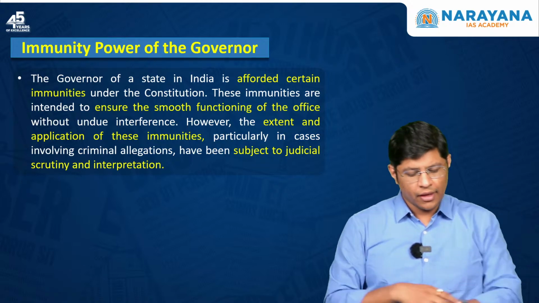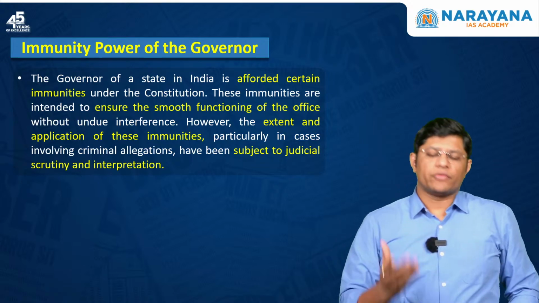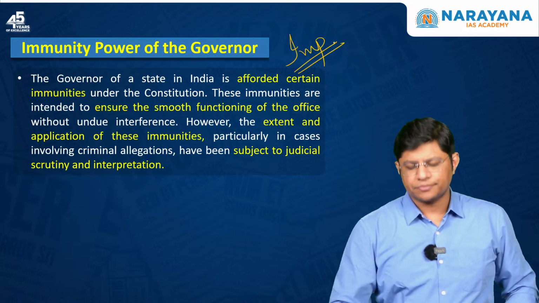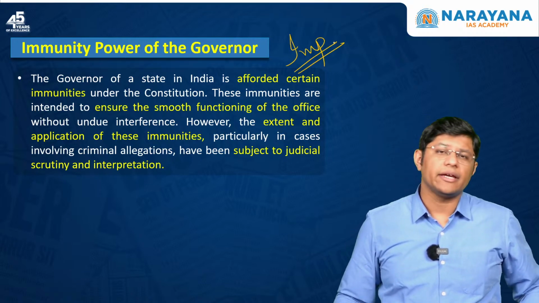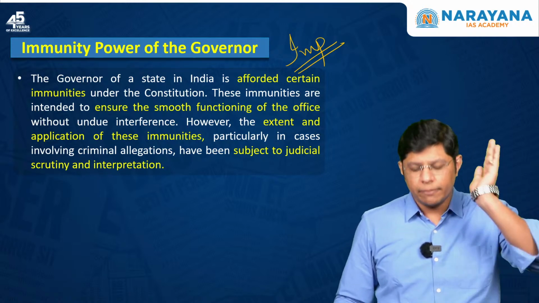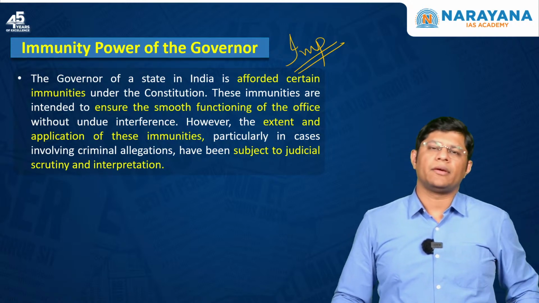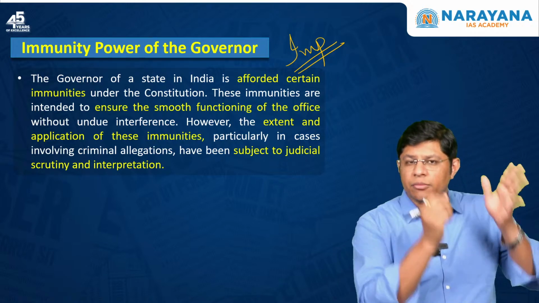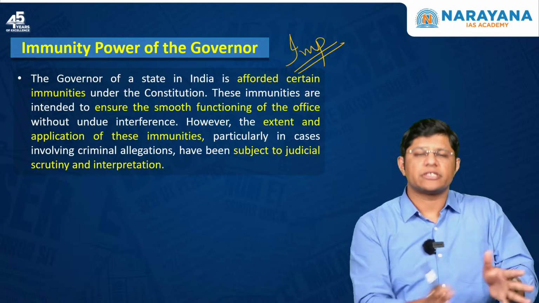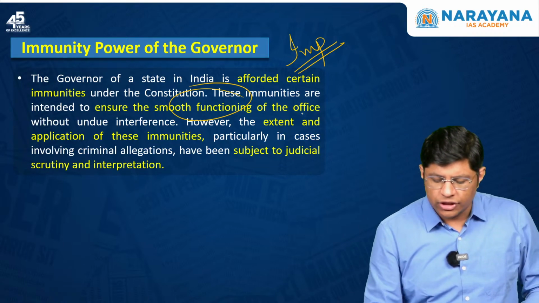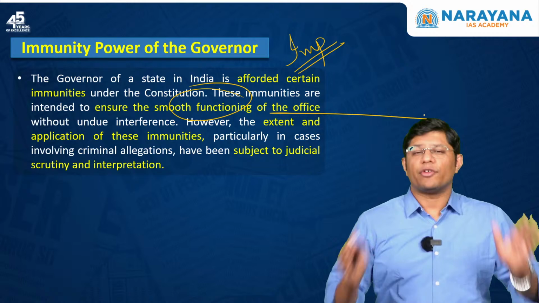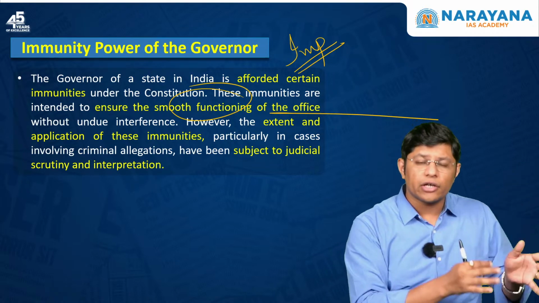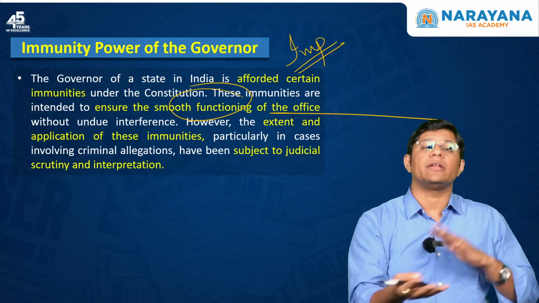Now, the immunity power of the governor, very important. The question is, why is immunity granted to the president and governors? The reason is to ensure the smooth functioning of the office, which means for the president and the governors to work without any fear, intimidation or pressure.